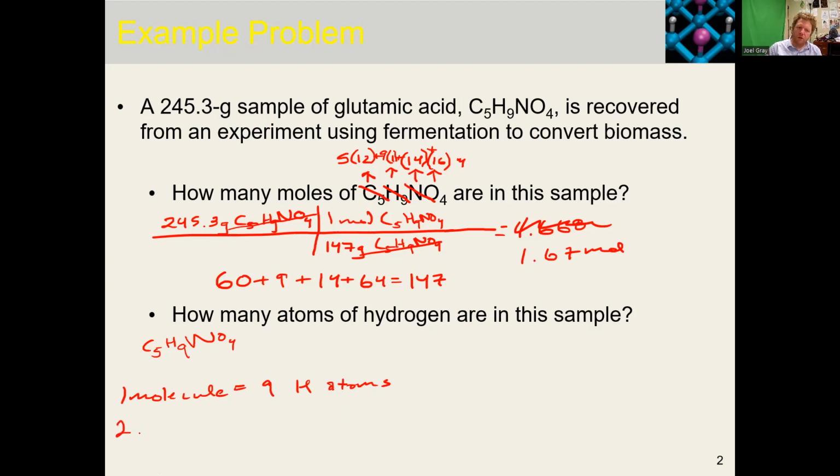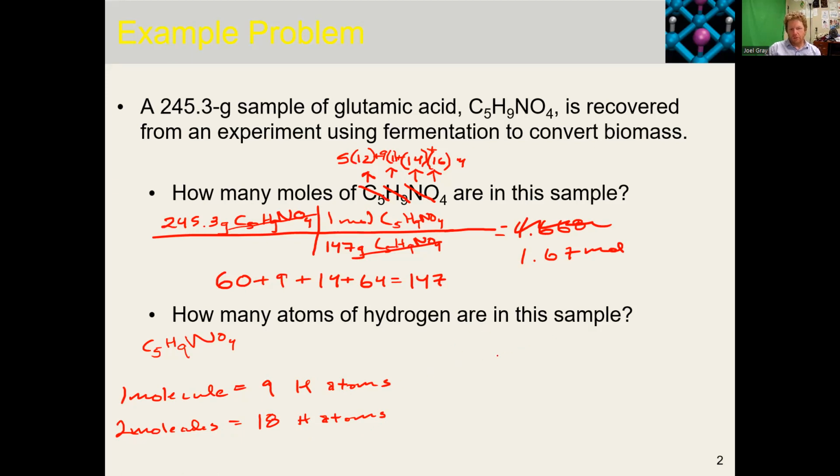Okay, now let's say that we have 2 molecules of this. How many hydrogen atoms do you have? 18. If you have 3, you got 27 hydrogen atoms.